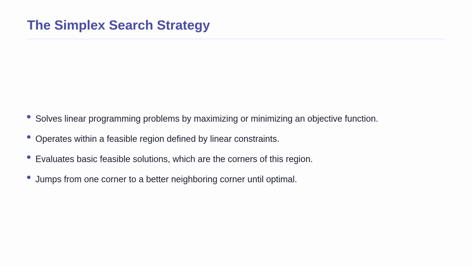You repeat this until all edges go downwards, meaning you have reached the peak. The simplex method does exactly this mathematically. It evaluates the corners of a geometric shape called a feasible region, always moving to a neighboring corner that improves the profit until it finds the absolute best answer.